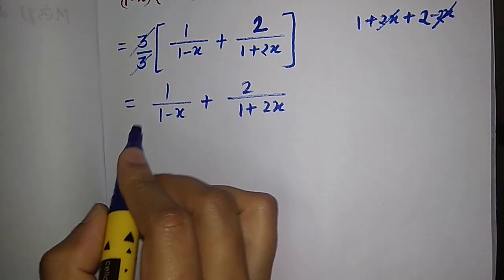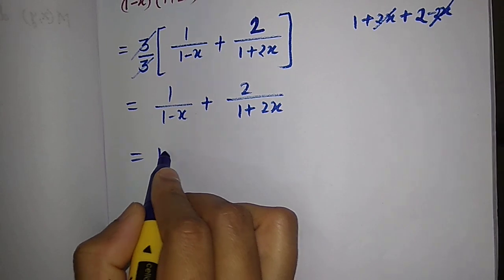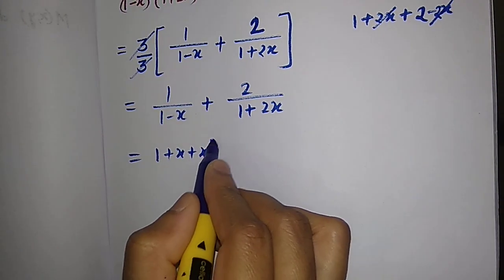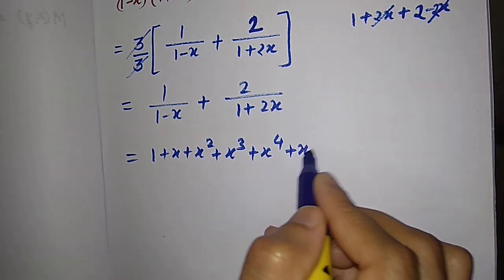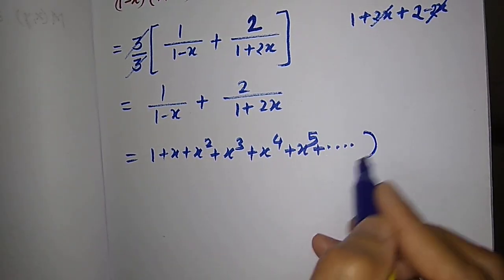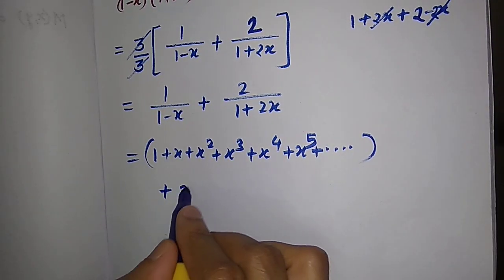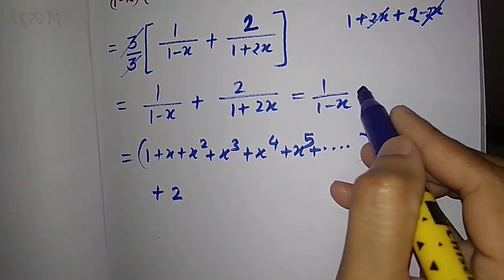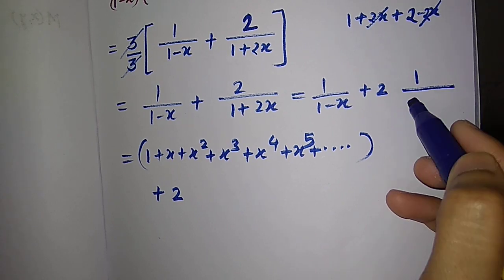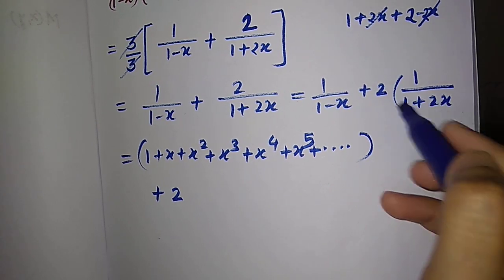Now we know that 1 upon 1 minus x is the same as 1 plus x plus x square plus x cube plus x raised to 4 plus x raised to 5 and so on, plus 2 into 1 upon 1 plus 2x.